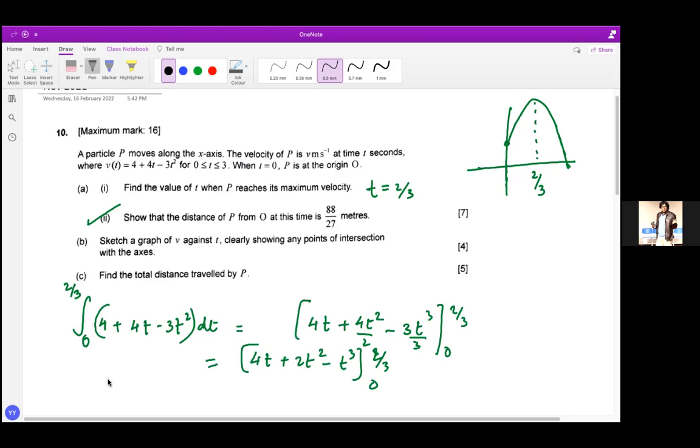If you put 2/3 here, it becomes 8 by 3 plus 2 times 4 by 9, so 8 by 9, and minus 8 by 27. If I take the LCM and simplify this, we are going to get 88 over 27.